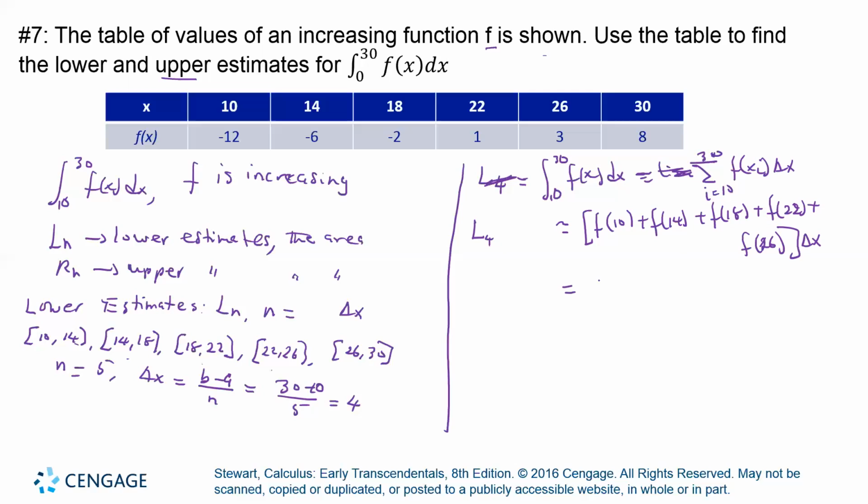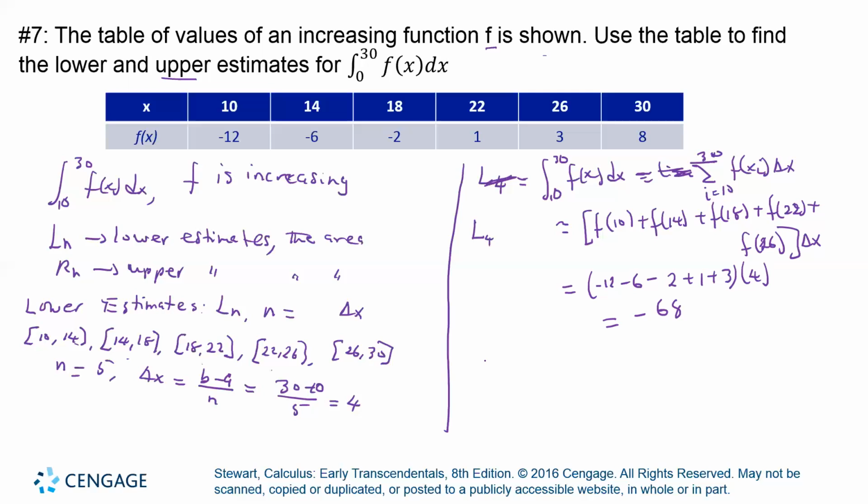When you evaluate it, this is going to be minus 12, minus 6, minus 2, plus 1, plus 3, all times 4, and that will give us minus 64.